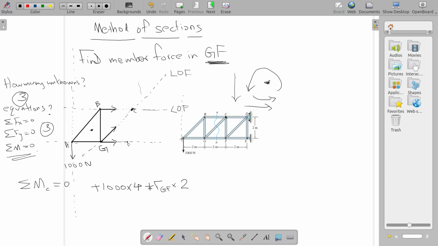Again you have positive sign. That's it. Other two forces are not present in the equation. Sum is 0. So FGF into 2 is equal to minus 4000, and FGF is equal to minus 4000 by 2, minus 2000 Newton. See, we have found the answer very easily for such a difficult problem.